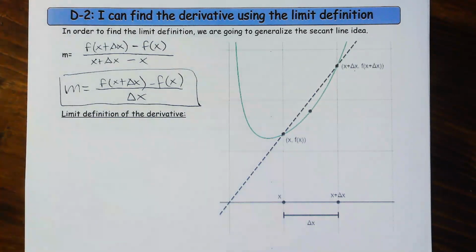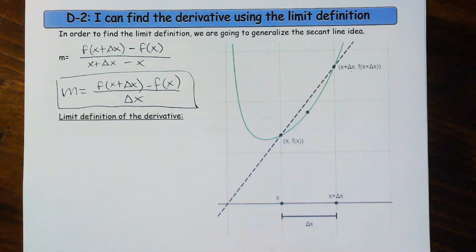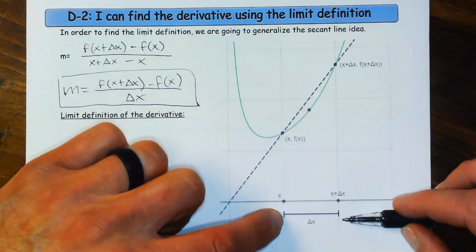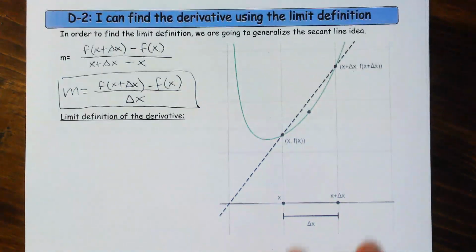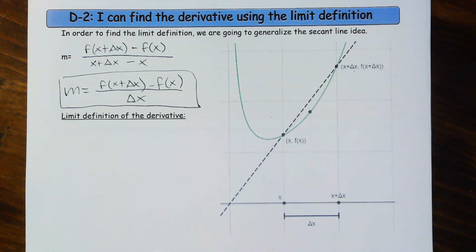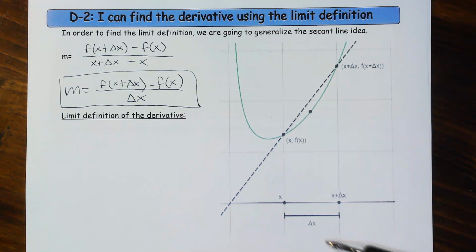Now, the idea from here is to take that general equation of a slope of a secant line and change it into the general equation for the slope of a tangent line. And the way that we're going to do that is by looking down here and thinking about our ideas of limits. So if I had a limit and I could squeeze that down as close to 0 as I could possibly get, that would allow me to make a better estimation.